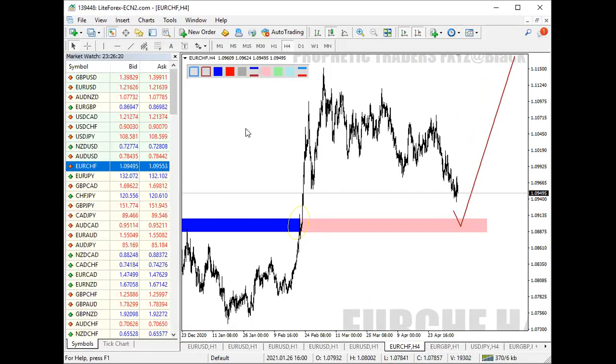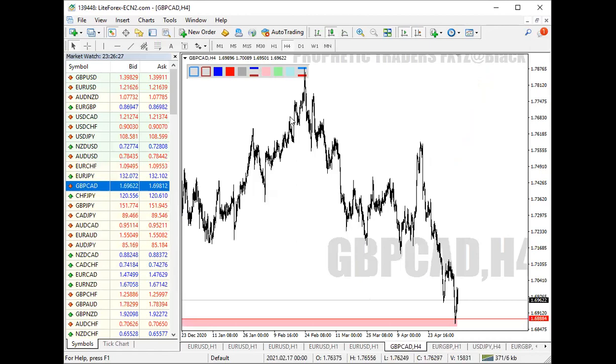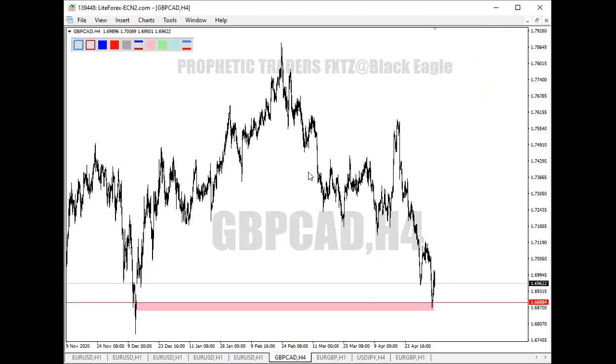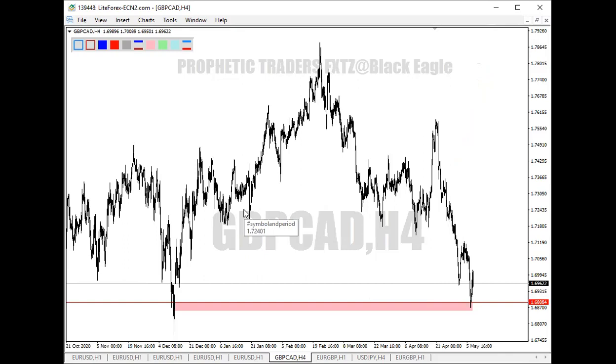Last one, NZDUSD. GBPCAD. For GBPCAD, we are expecting price will drop.